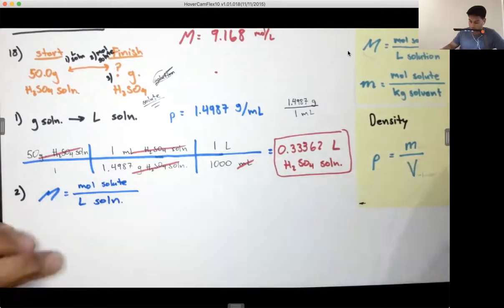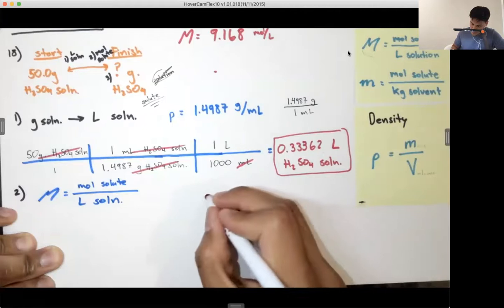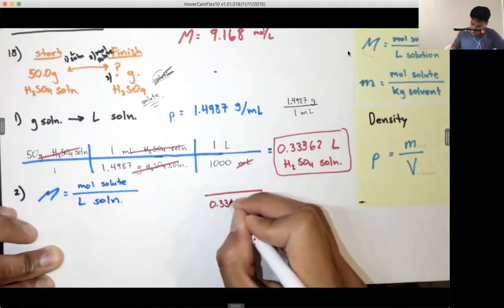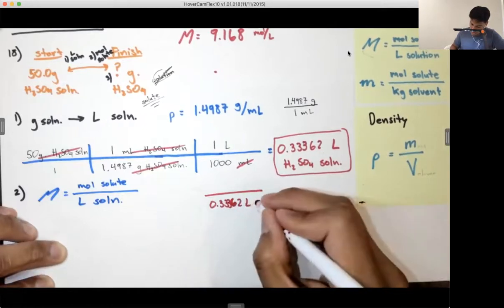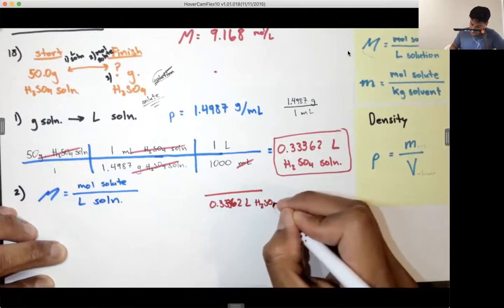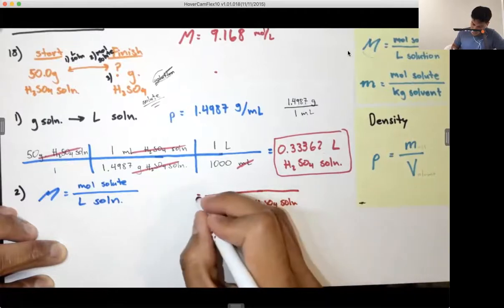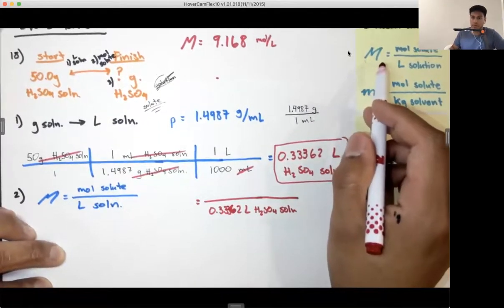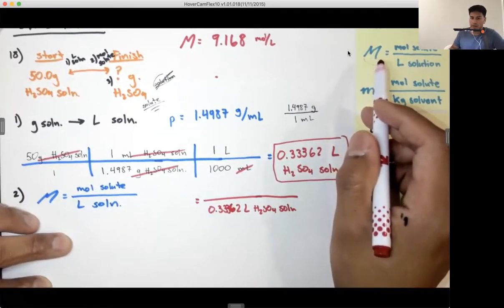Now, what do we know? We know liters of solution, right? So let's go ahead and just go like this. We know 0.33362 liters of H2SO4 solution, right? We know the molarity. What's the molarity? Did they give us the molarity?